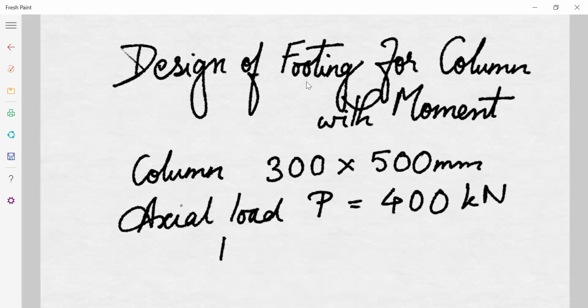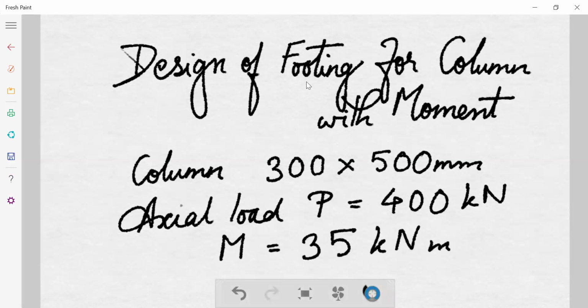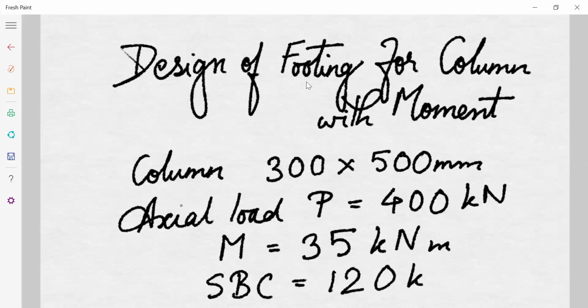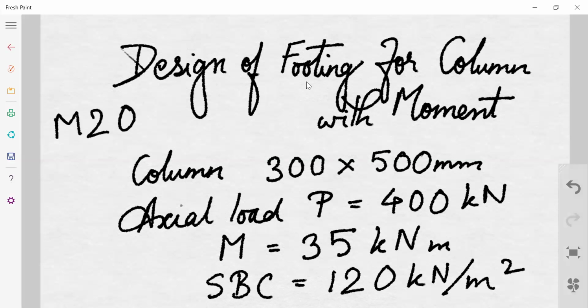Then the moment is given as 35 kilonewton meter. Then the safe bearing capacity of soil is given as 120 kilonewton per meter square. And the materials are M20 concrete and Fe 500 steel.